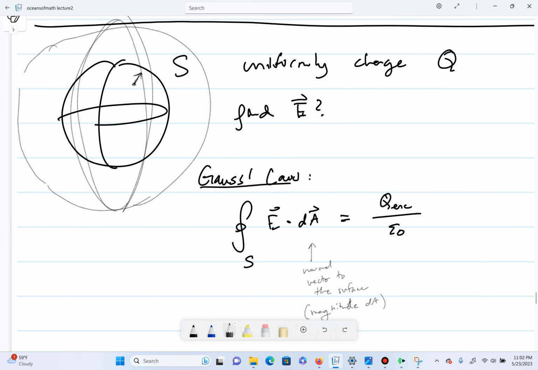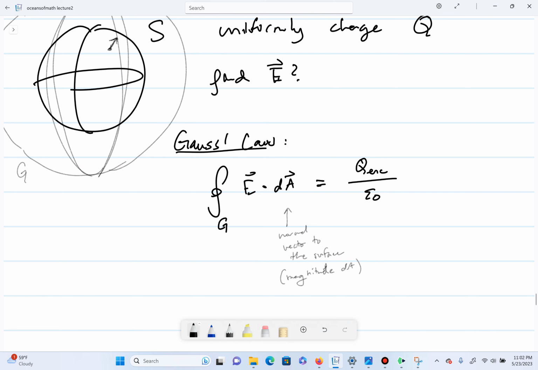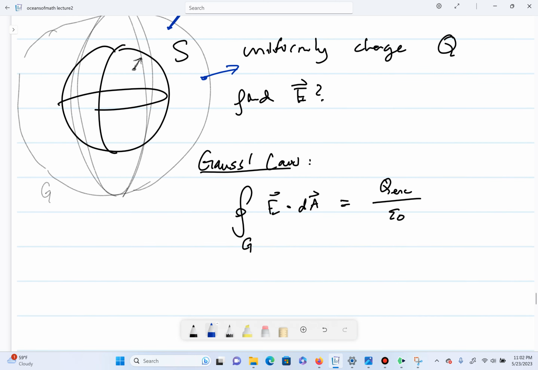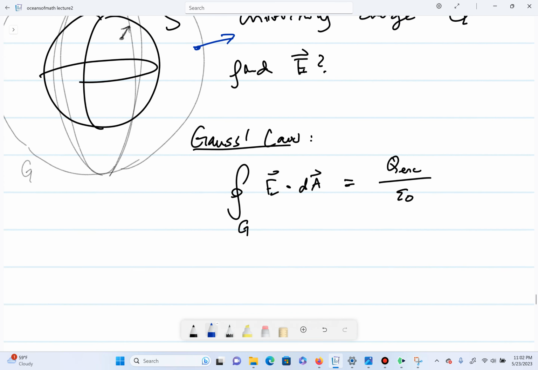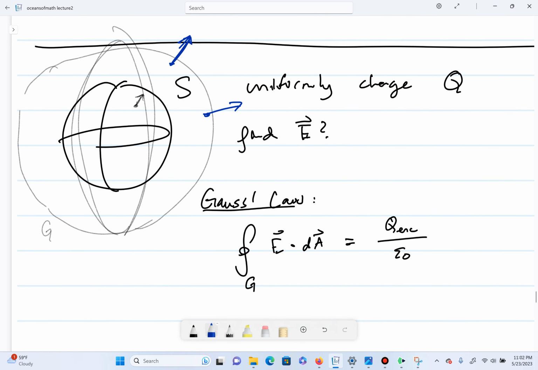My notation is terrible. Let's call this Gaussian sphere G. So I'm actually going to integrate over G, not the charged sphere. And in this case, for E dot dA, I know the electric field is also pointing radially outward, just due to symmetry that we talked about earlier. And since the electric field is pointing radially outward, it is always parallel to the normal vector to the sphere.